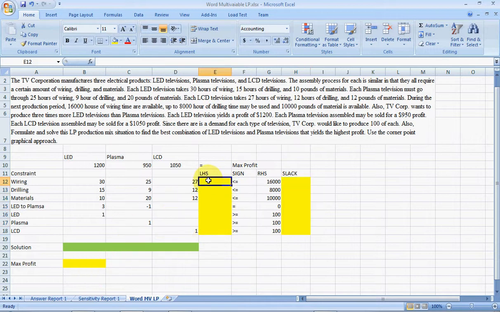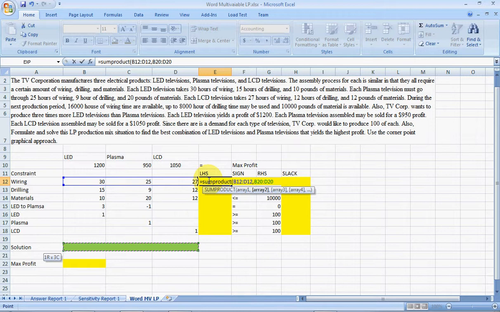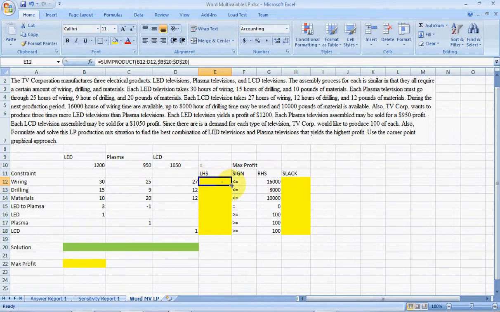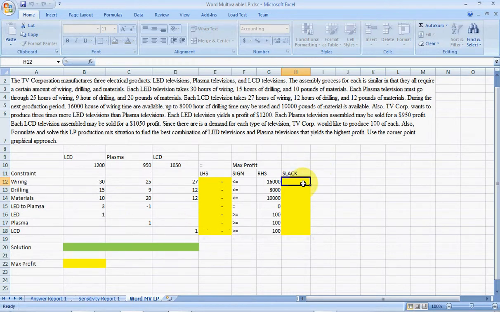Starting with the left hand side, it's just going to equal sumproduct of the row next to it, comma, our solutions. If we hit F4 on our solutions, it will lock them, and then we can drag that down. We see that it got dragged down correctly because it's on the row and it's still on the solution.